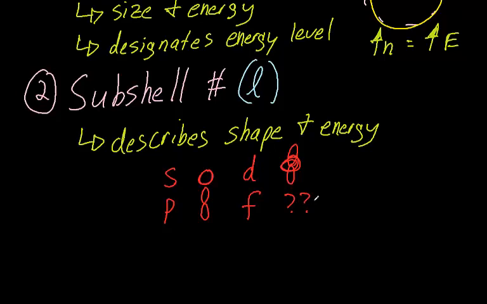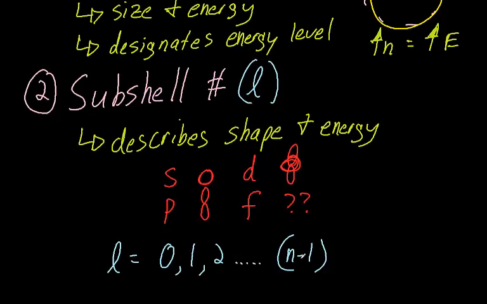And so L, in this case, can be any number 0 onward, but the equation is n minus 1. So if you know your principal quantum number, you can figure out your possibilities for your subshell number. So if my principal quantum number is 2, then my subshell can be 1.